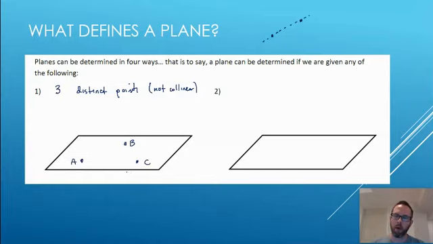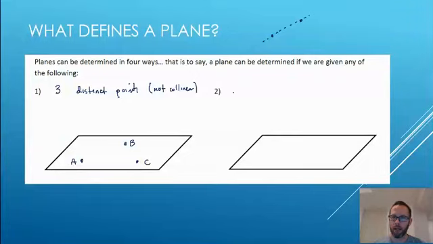There'd be one plane that goes through all those points. The reason why they can't be collinear is that if they were collinear, then you could just rotate that plane along that line, and you can get lots of planes through all 3 points. But if you have 3 non-collinear points, there's going to be one plane that goes through them.